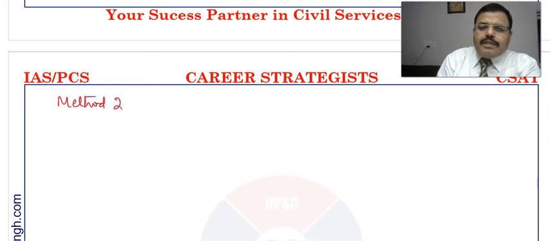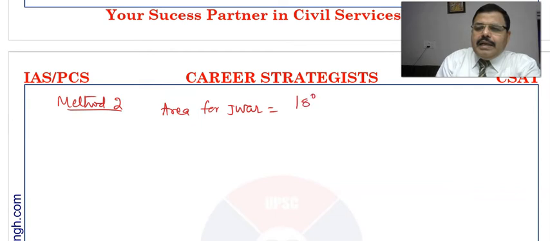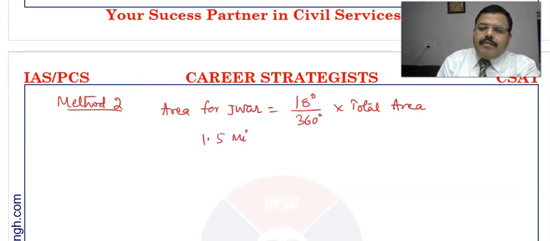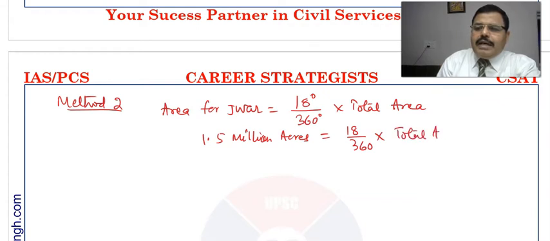Method 2 for the second part: area for jar is equal to 18 degrees divided by 360 degrees multiplied by the total area. This is the allocation way. So the area of jar is 1.5 million acres, equal to 18 upon 360 multiplied by the total area, and therefore this is cancelled 20 times, right?